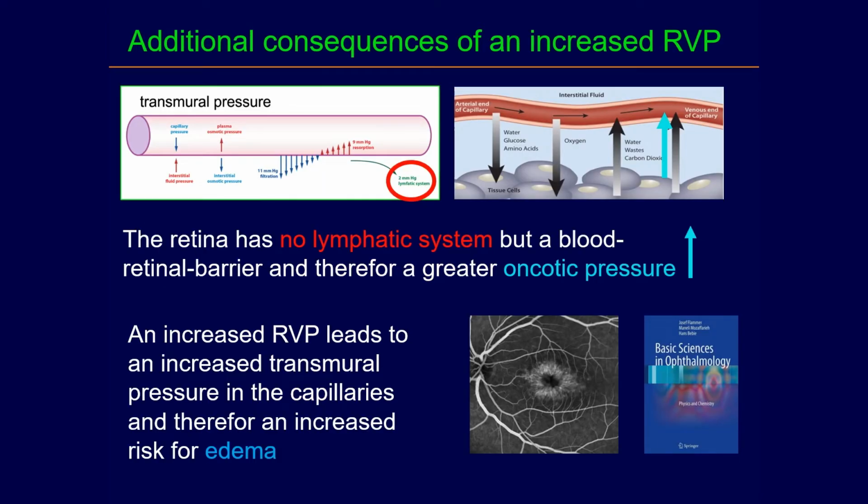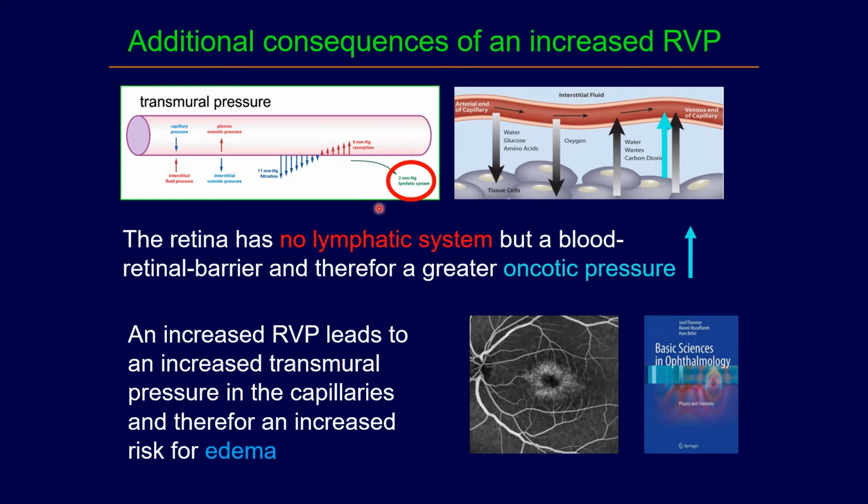But the high retinal venous pressure has additional consequences. The pressure in the blood vessels is normally greater than the pressure in the surrounding tissue. The resulting transmural pressure pushes fluid from the capillaries into the tissue. A part of this fluid is reabsorbed by osmotic attraction, but another part flows off through the lymphatic system.